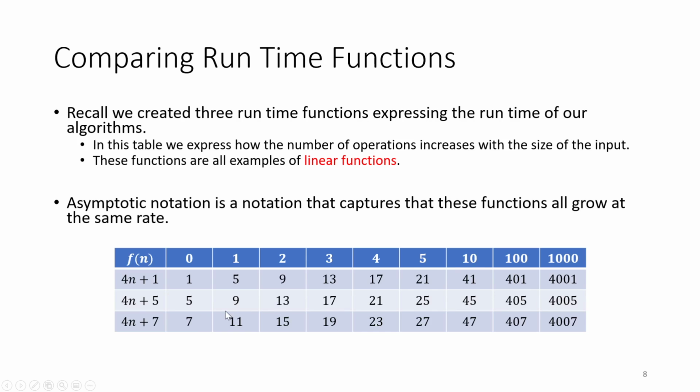However, when we start scaling up, moving our n higher and higher, the differences, as we can see in these last three columns in particular, start getting smaller and smaller. The absolute difference between them remains the same. It's 4 here, 4 here, it's still 4 here.